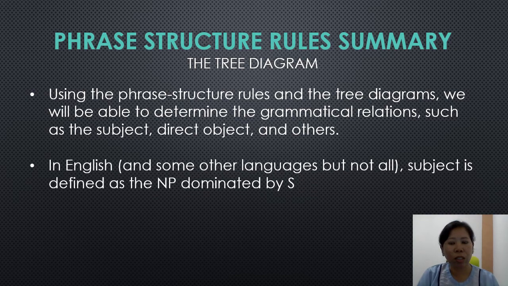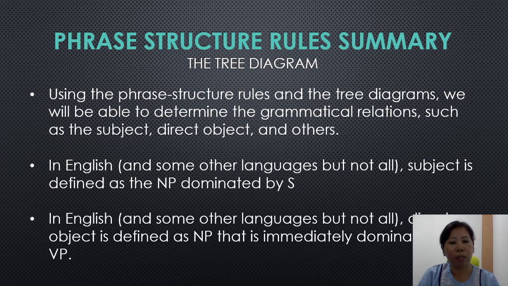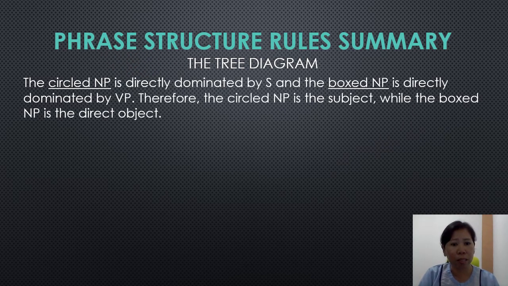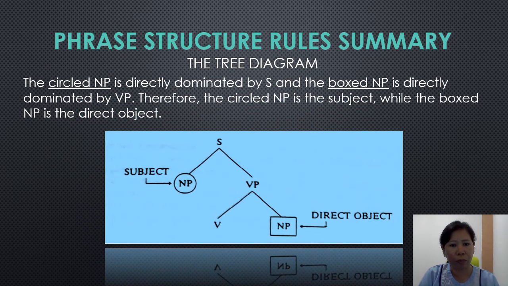In English, the subject is defined as the noun phrase dominated by the sentence, and the direct object is defined as the noun phrase that is immediately dominated by the verb phrase. To elaborate further how we can understand which one is the subject and which one is the direct object in a sentence, let me show you this diagram.